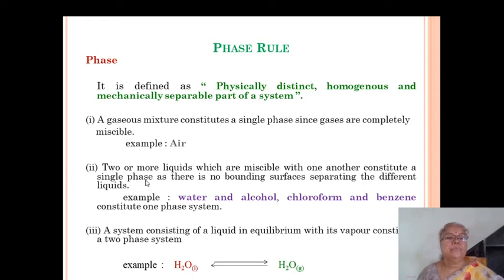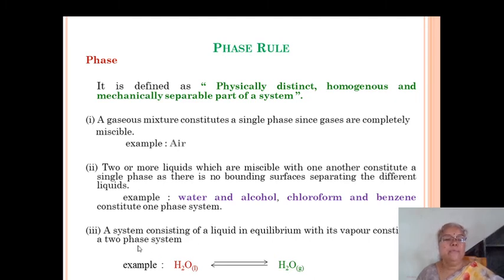Two or more liquids which are miscible with one another constitute a single phase, as there are no bounding surfaces separating the different liquids. For example, water and alcohol, chloroform and benzene constitute one phase or single phase.